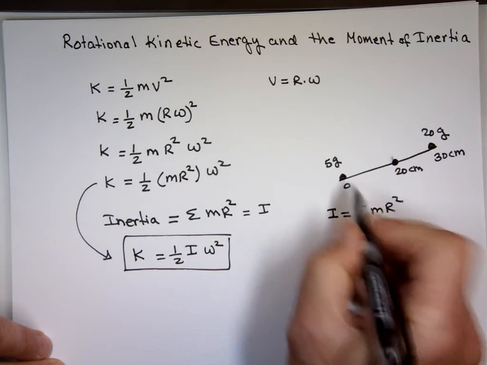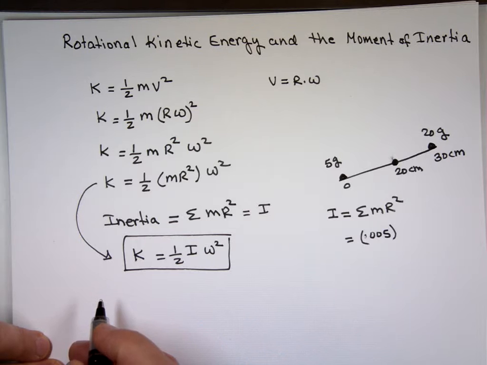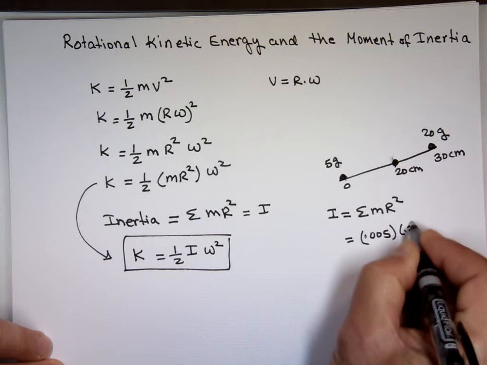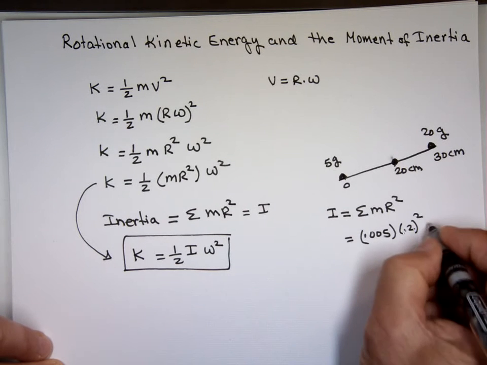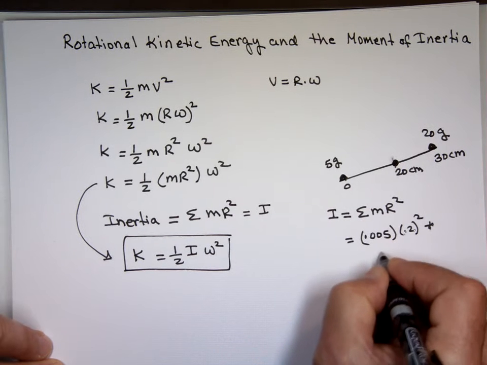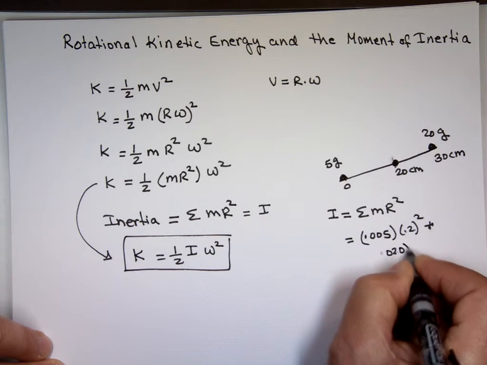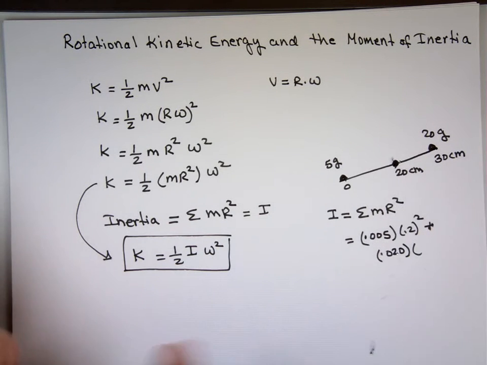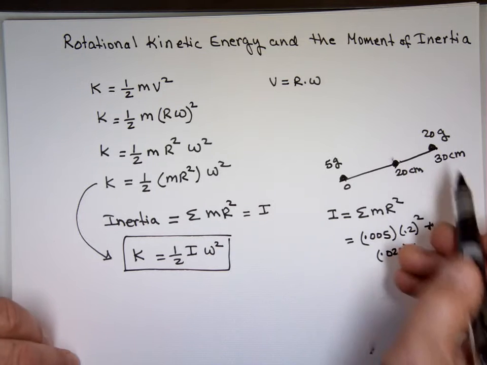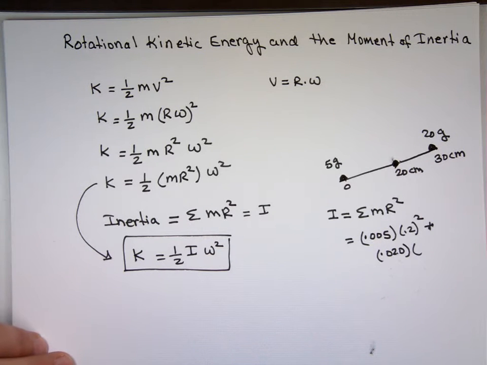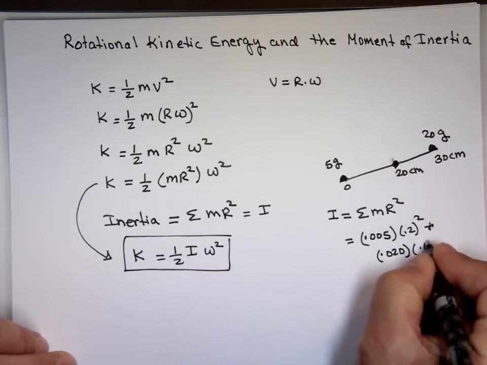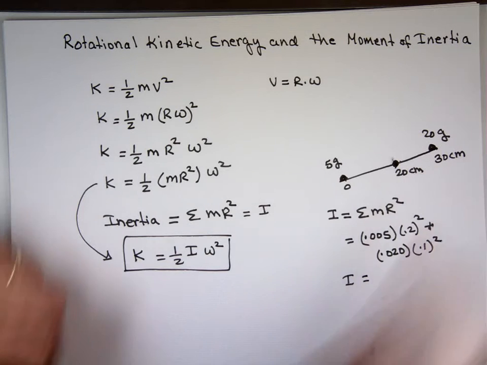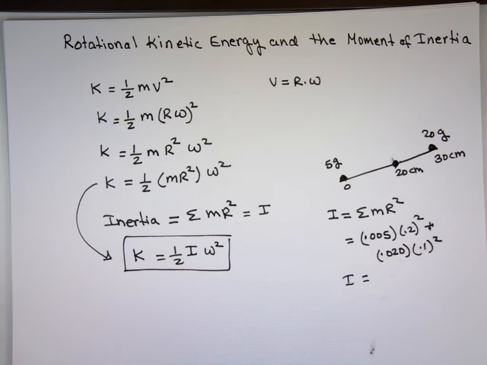And what is the distance from here to there? 20 centimeters, so that's 0.2 meters squared, plus the mass of the 20 gram, which is 0.020, times the distance from here to there. That's the radius from the pivot point to that spot. And what's the distance from here to here? 10 centimeters. And that becomes the inertia. If I neglect the mass of that rod, that's the inertia for the system.